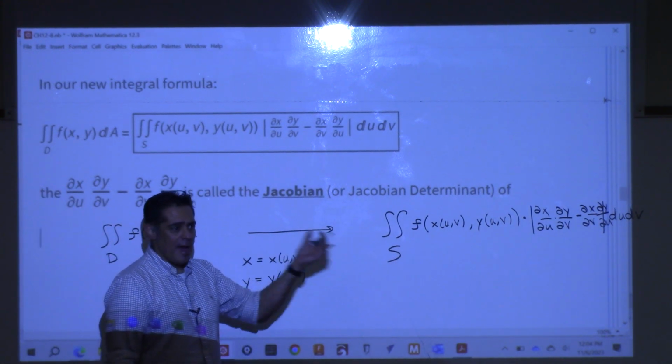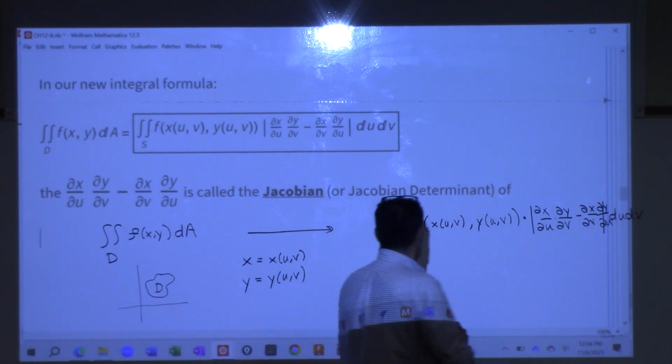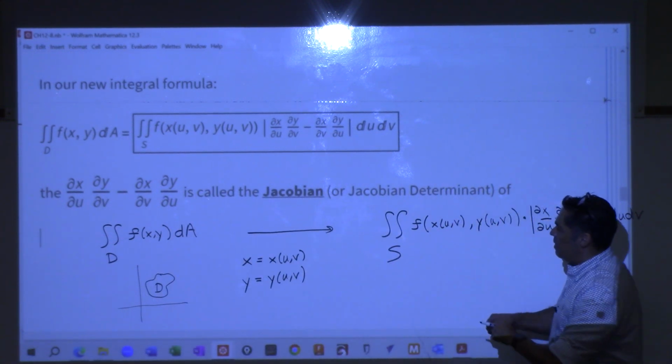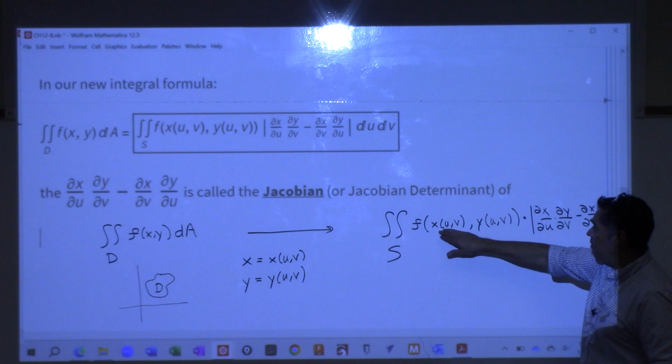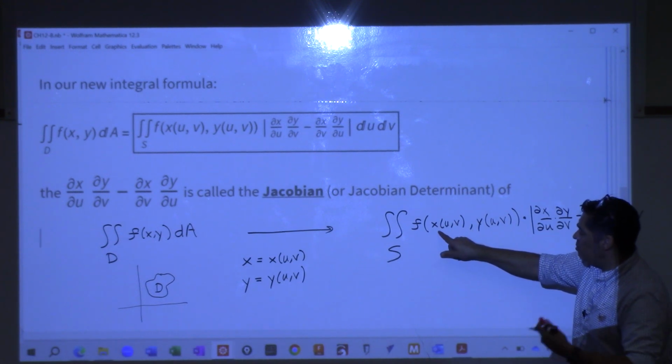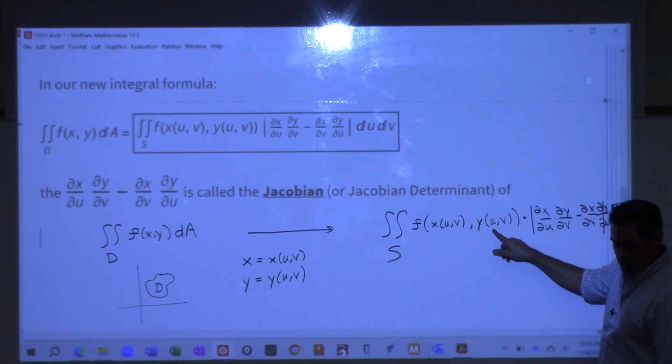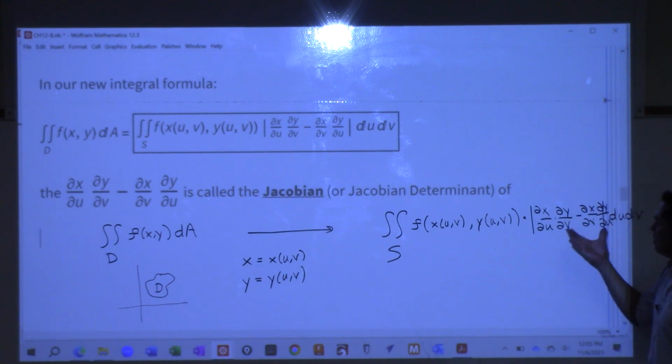But when you do that, your function now needs to be evaluated at your new values of x and y, whatever they are in terms of u and v, and then you have to include this thing.